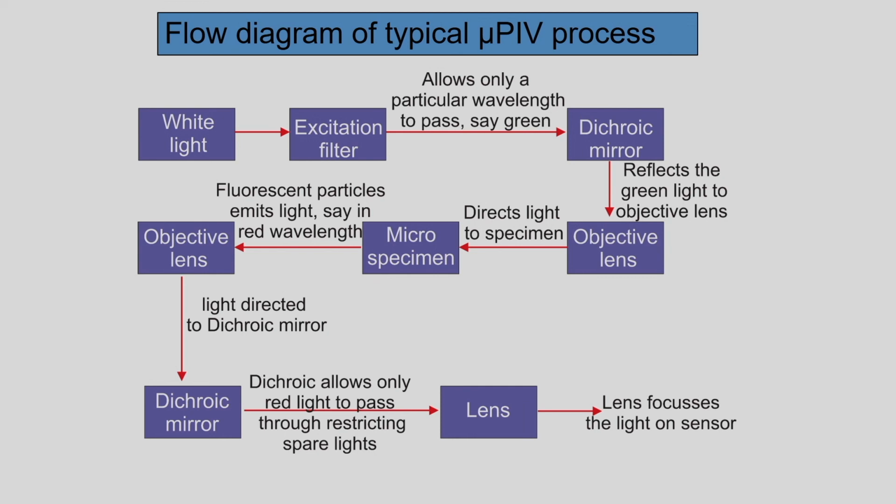Now, the light will again come to the objective lens, and through the objective lens it will be directed to the dichroic mirror, along the same path but in the reverse direction. Earlier, the dichroic mirror reflected the green light to the objective lens.